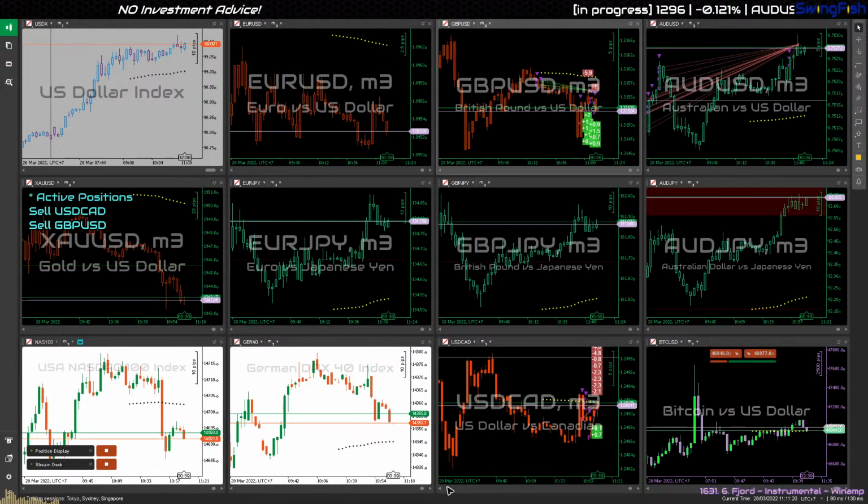Cable and pound yen never seem to have any sort of correlation either.